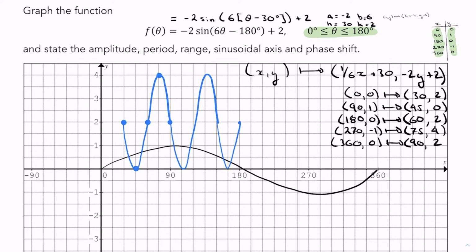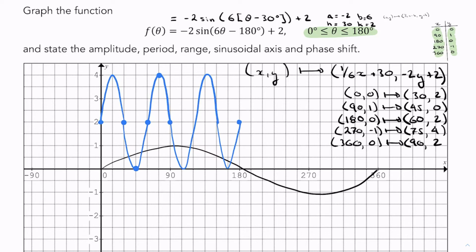And I'm ending here at 180. And similarly, everything before 30, that's going to go back up like this. No, bit of a mistake. It's going to go up like this and then down. There we go. So there's our interval from 0 to 180.